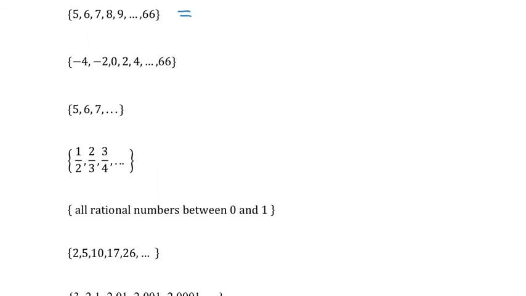So we're building a set where we have a natural number. So n is a natural number, so boldface N, and such that n is between and including 5 and 66. So remember the ... means everything in between, and we're counting 5, 6, 7, 8, 9, so we can assume that 10, 11, all the way up to 66 is in the set.